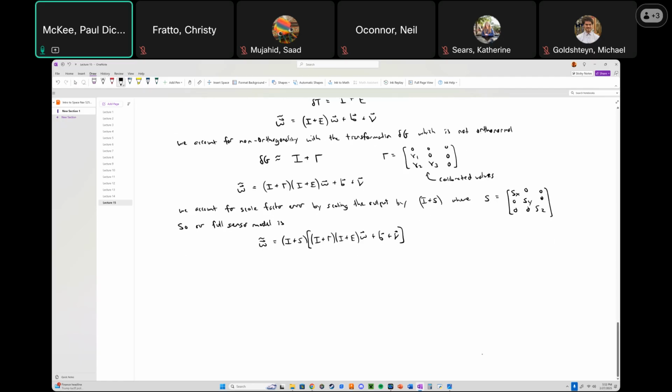And if we assume all errors are small, which I hope so, and keep only first order terms, that is to say, if we go to the effort of multiplying this all out, then S times gamma is small times small, which is really small. Gamma times E is small times small, which is really small. Then we get a simplified model.